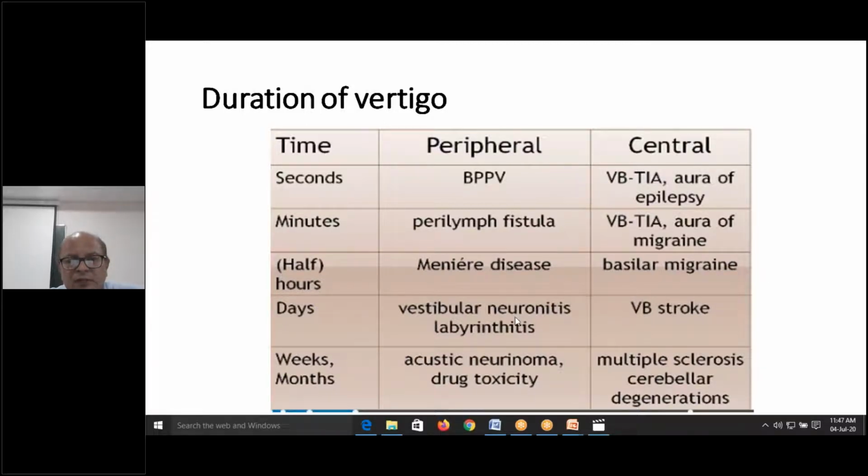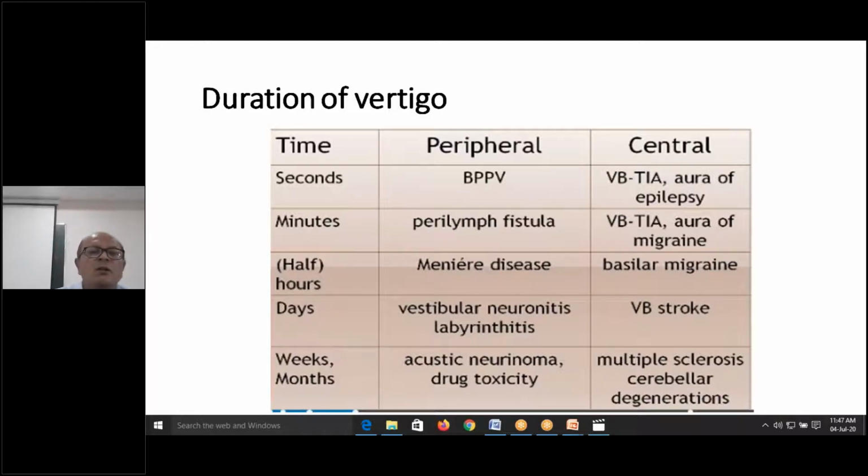If it is for days together, then definitely it is vestibular neuronitis or labyrinthitis, and here vertebrovascular stroke. Going into weeks or months, there may be acoustic neuroma or drug toxicity. In the central region, you have multiple sclerosis and cerebellar degeneration.